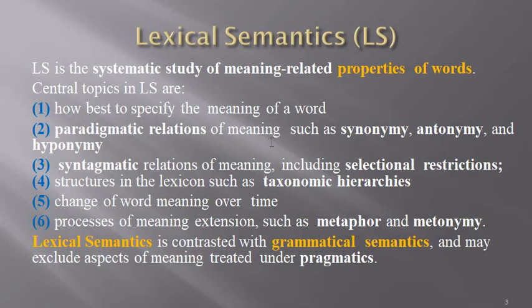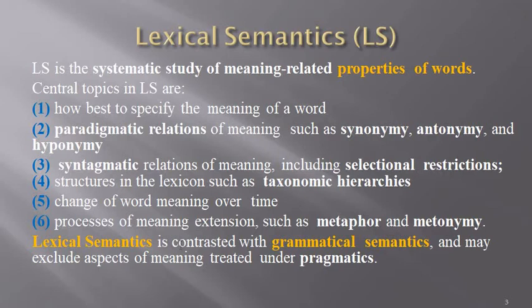Second, paradigmatic relations of meaning such as synonyms, antonyms, and hyponyms. And third, syntagmatic relations of meaning including selectional restrictions, and the structures in the lexicon such as taxonomic hierarchies, and change of word meaning over time. This is also the concern of lexical semantics, as are processes of meaning extension such as metaphor and metonymy.